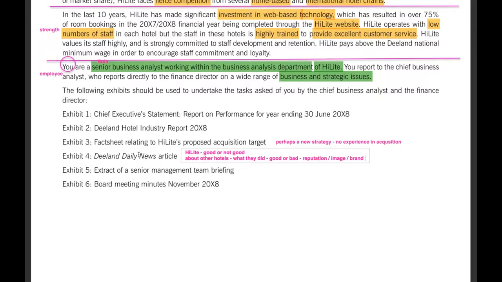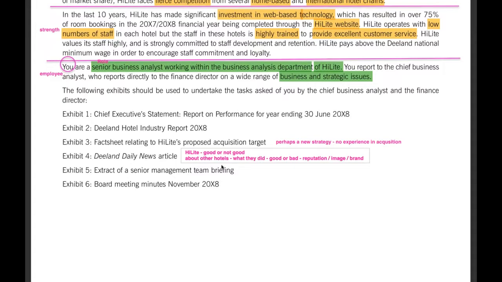Okay, I'm not saying that this is what they have. I'm just trying to tell you that at this stage, you may guess, all right? You may guess, or perhaps I might find something like this inside this particular Dylan Daily News article.